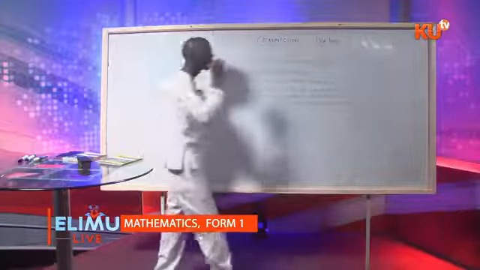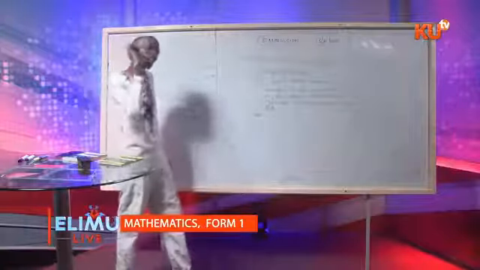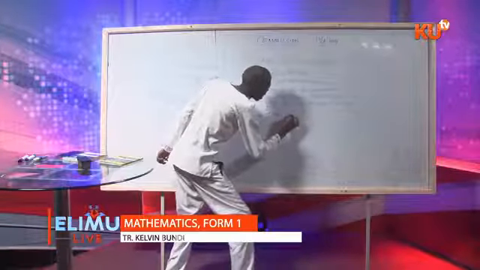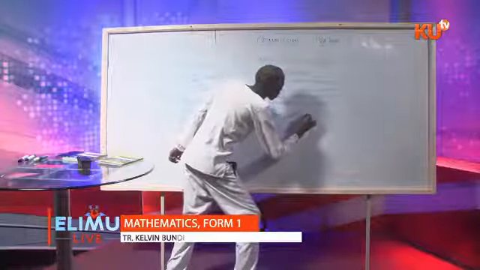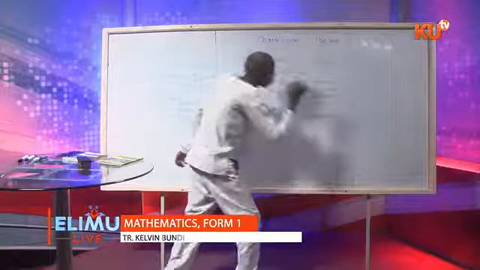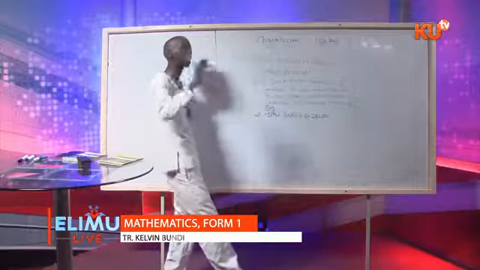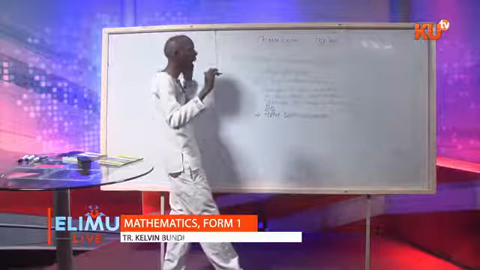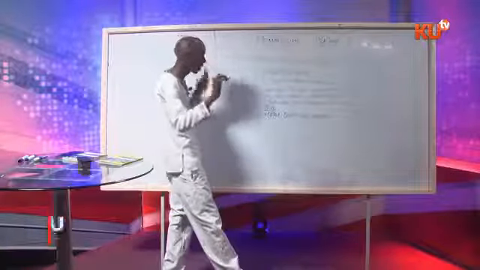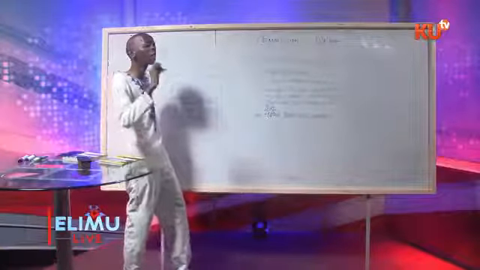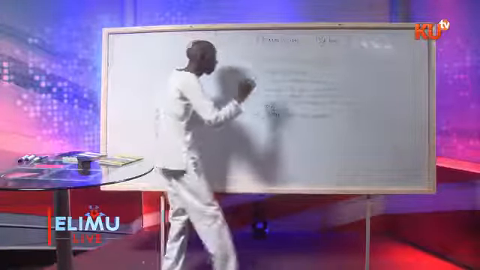The first thing you need to know is he sold goods worth 280,000, so the total sales was 280,000 shillings. But he is given commission for sales above 100,000 shillings.